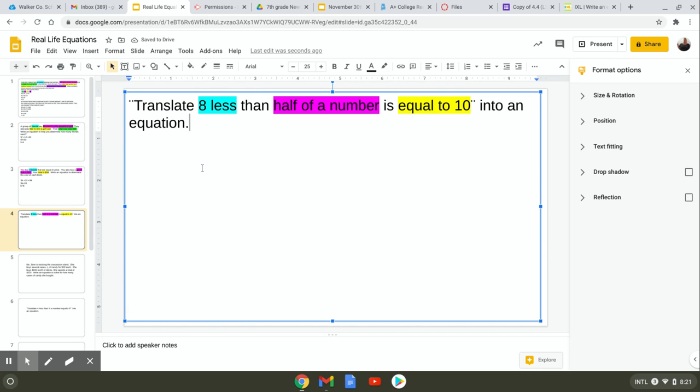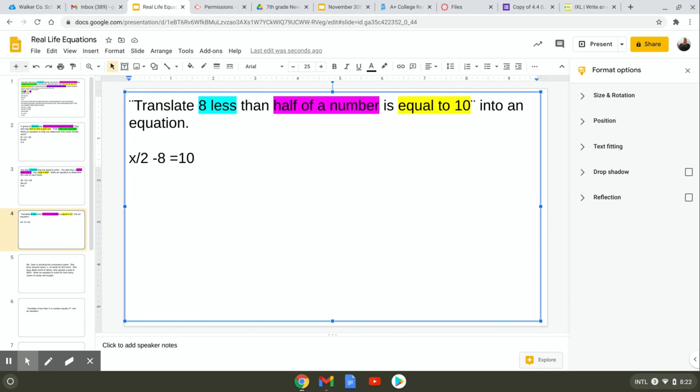So if we did 8 less than half of a number, we could write, if we use the variable x divided by 2, and it's 8 less, so it's minus 8 equals 10. So this is x over 2 minus 8 equals 10.